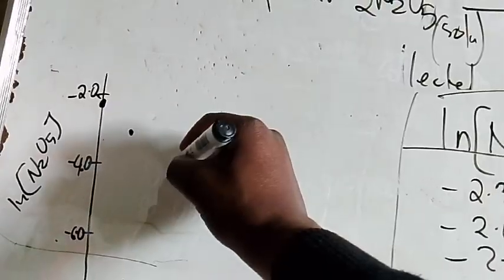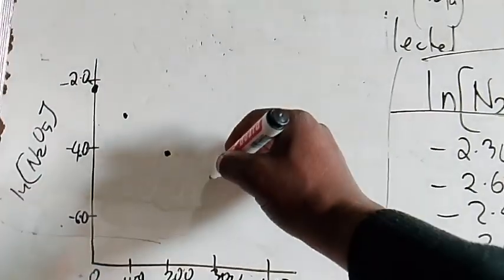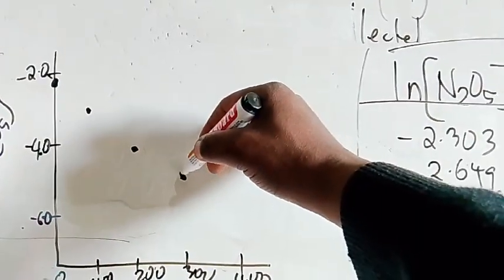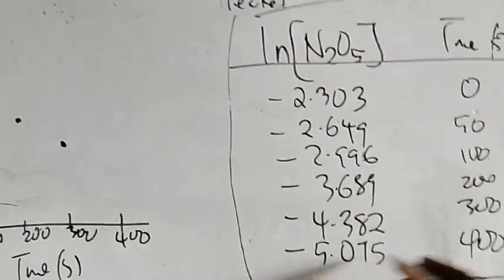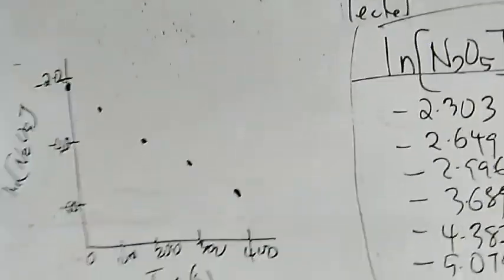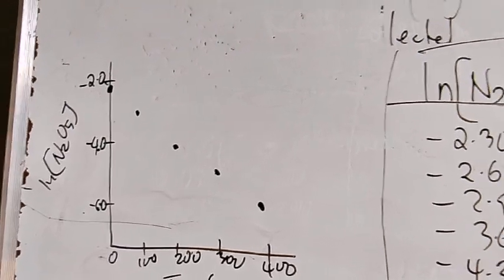So 200 is somewhere here. Then we plot 300, -4. Since this is not drawn to scale, we are just estimating. Then 400, -6, somewhere here. So you can see how it's coming out, not drawn to scale.